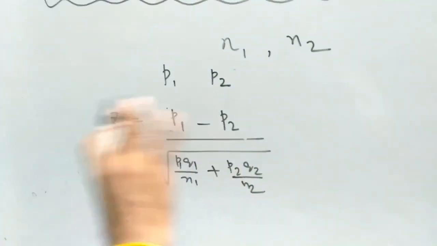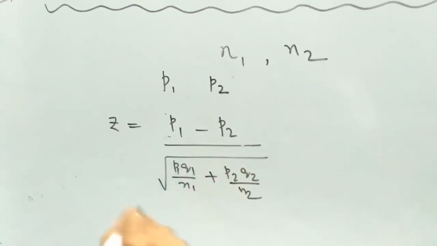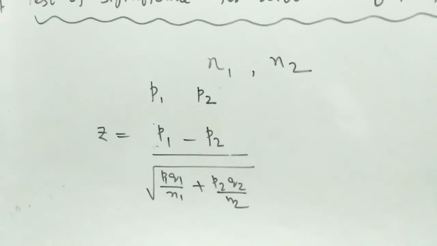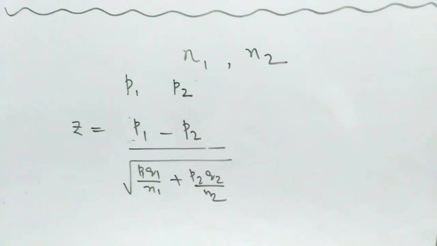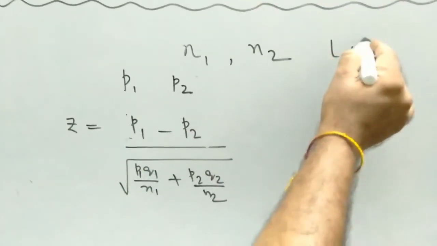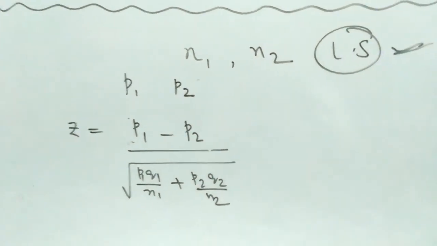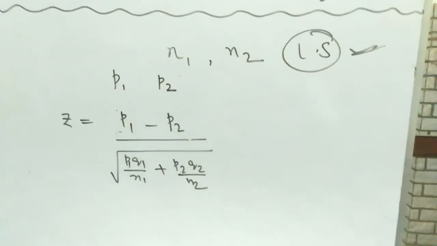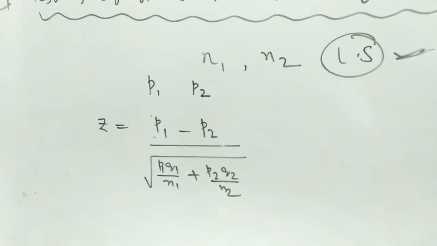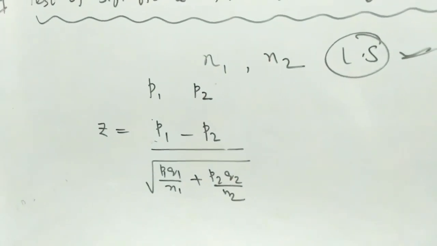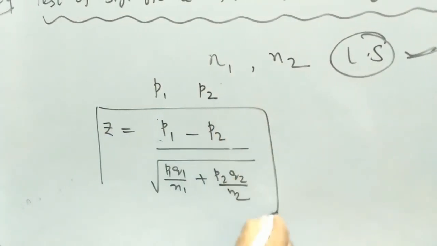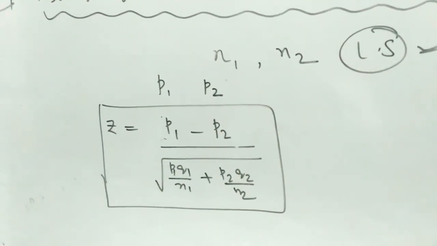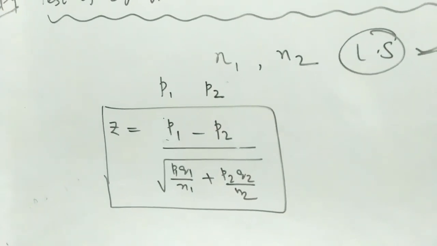So for the difference of proportions it will get a summation, and square root of p1 q1 by n1 plus p2 q2 by n2, and this is for large samples. For large samples, the distribution is approximated to the normal distribution, as we know per the central limit theorem. So the statistic will be z is equal to p1 minus p2 by square root of p1 q1 by n1 plus p2 q2 by n2.